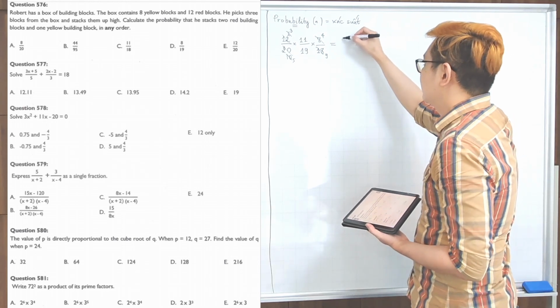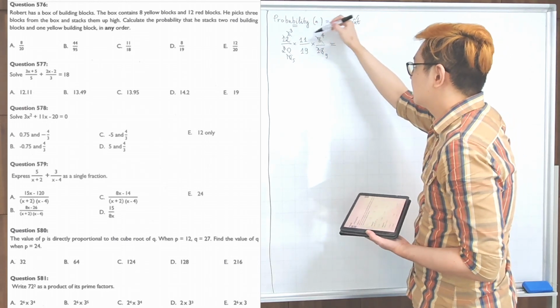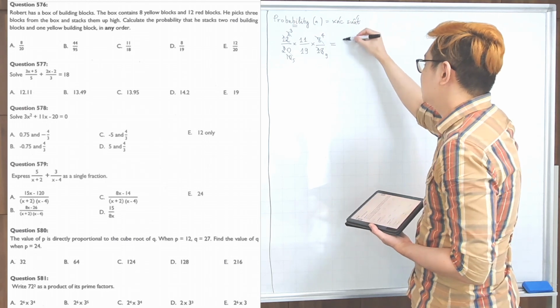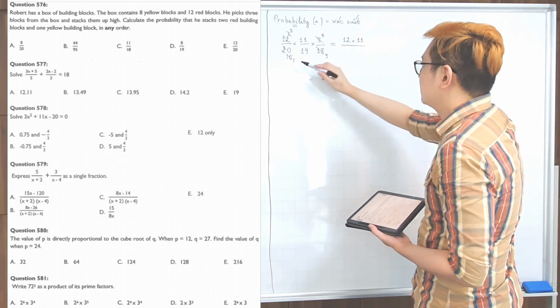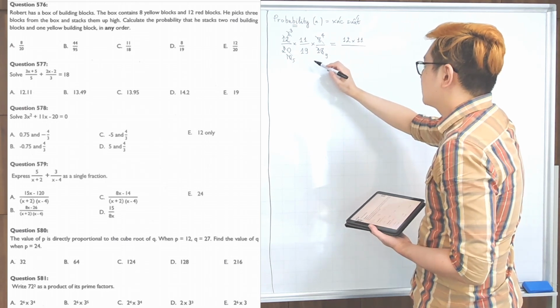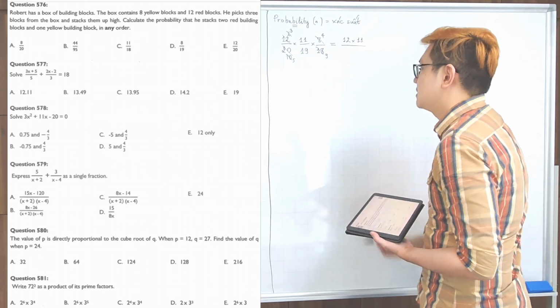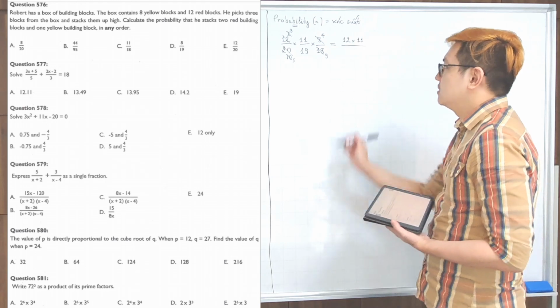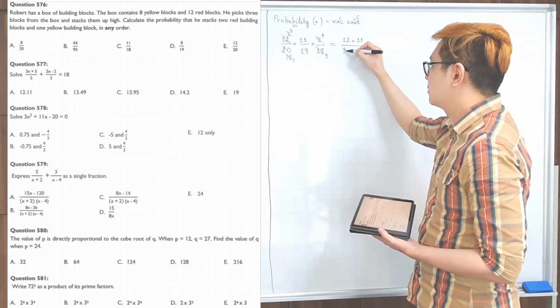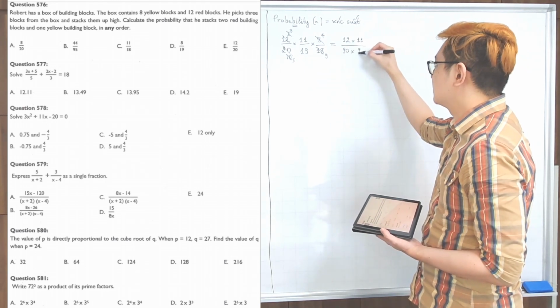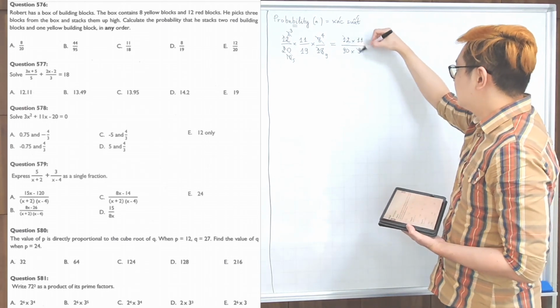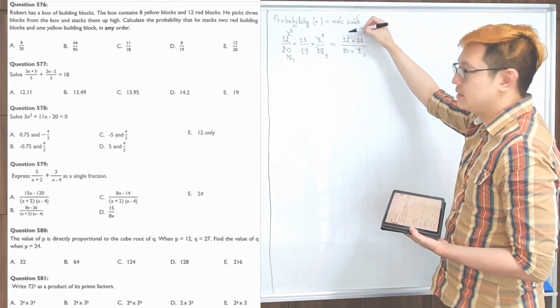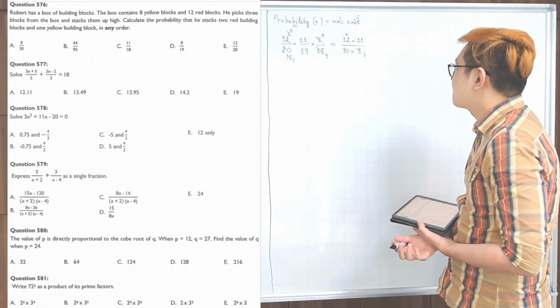So you should have 3 times 4 is 12 times 11 divided by 5 times 19 times 90, right? Times 9. But remember, you can still eliminate further. Divide by 3, so you should have this.